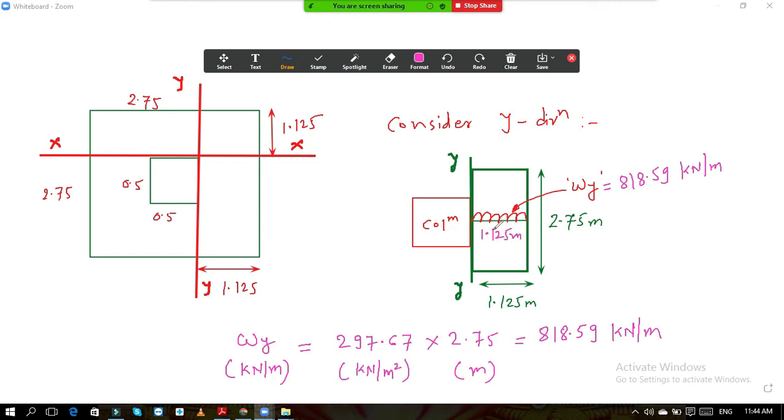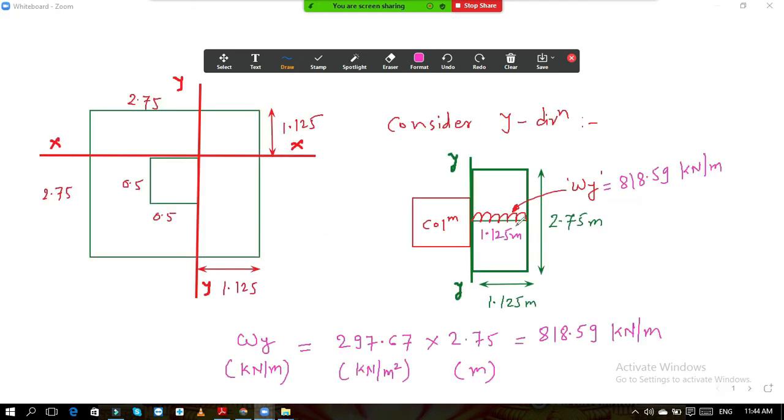So if we calculate the bending moment in y direction, we know that bending moment in y direction is equal to Wy into Ly square divided by 2, that is Wl square by 2.